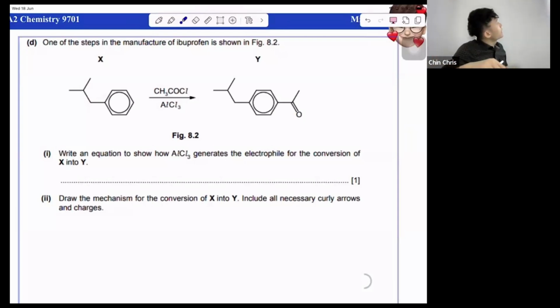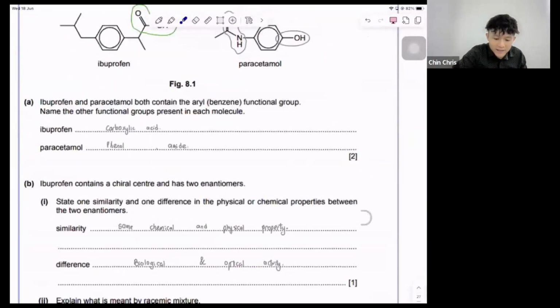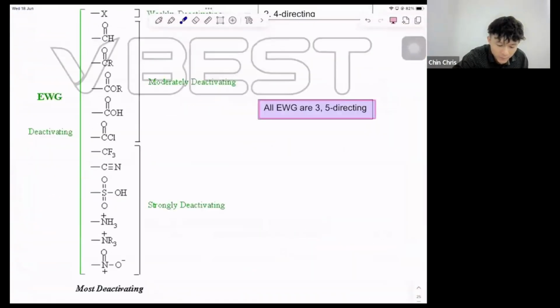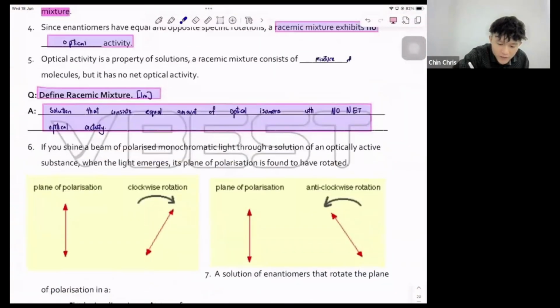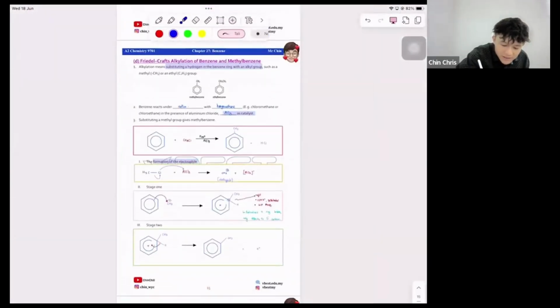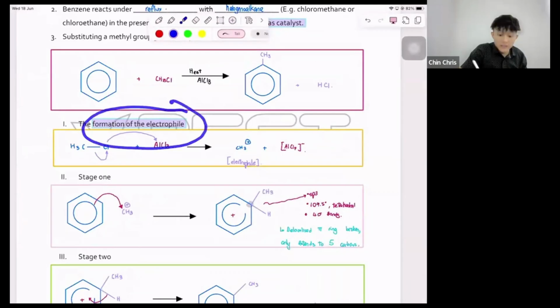Write an equation to show how AlCl3 generates the electrophile. We have done this equation so many times. I keep saying the first step is to generate the electrophile. AlCl3 turns into AlCl4 minus, and the Cl will be gone.